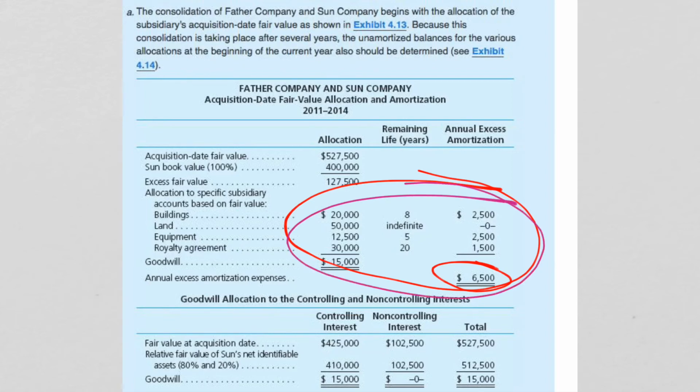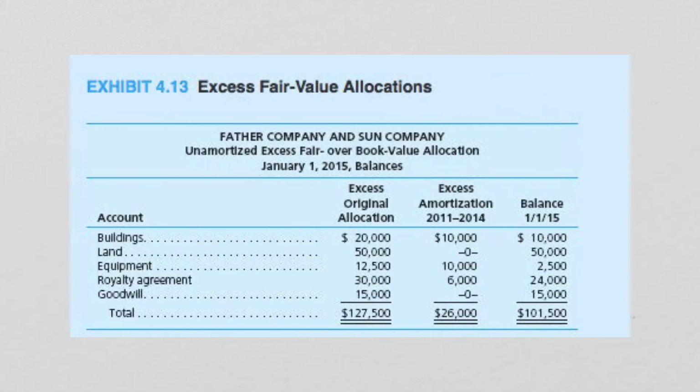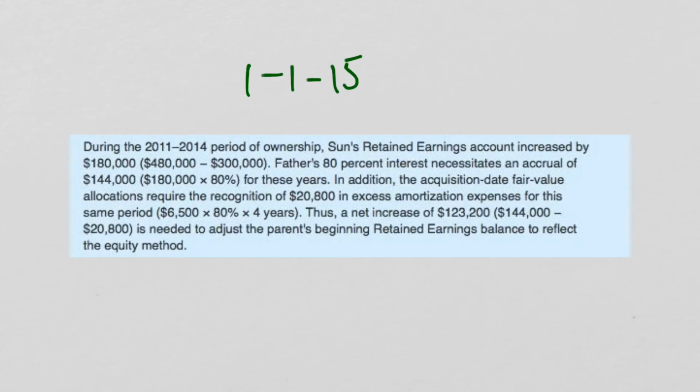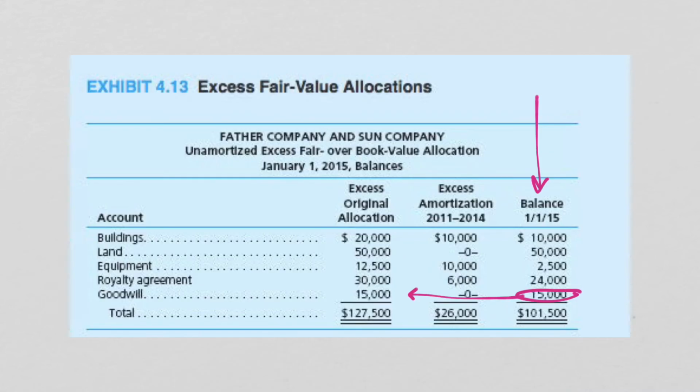This translated very nicely into this amortization schedule, but note that 15 of this did not belong to the non-controlling interest. How did we know that? Because we looked at it down here, and we determined that the actual goodwill is control premium goodwill, so it doesn't belong to the non-controlling interest. So of these numbers, 15,000 doesn't belong to the non-controlling interest.